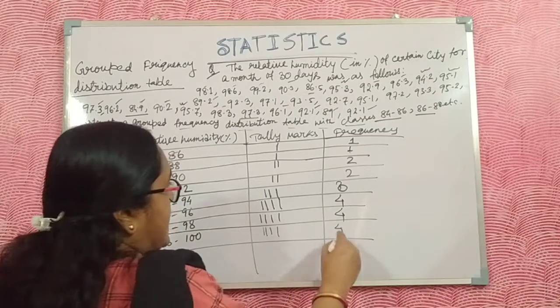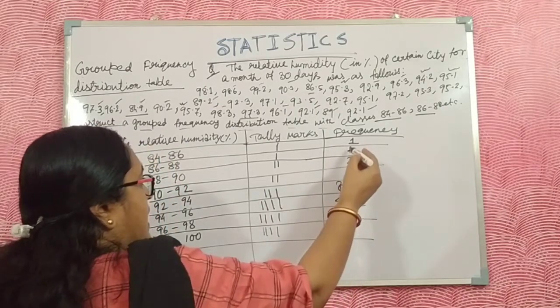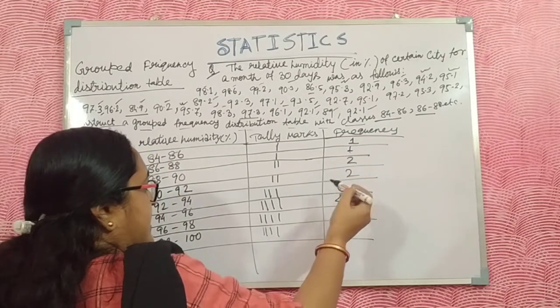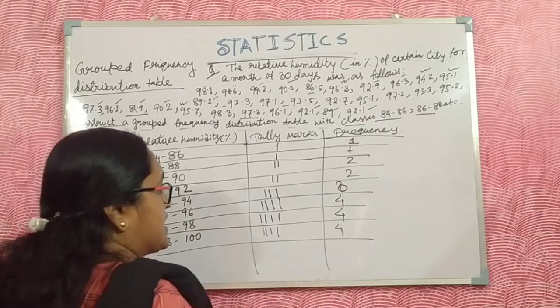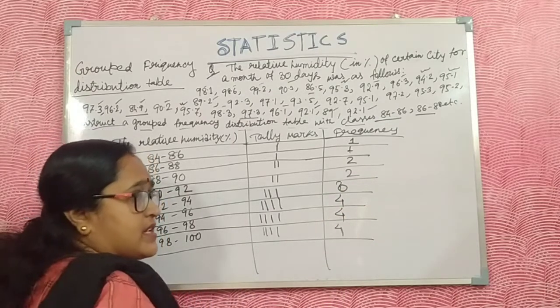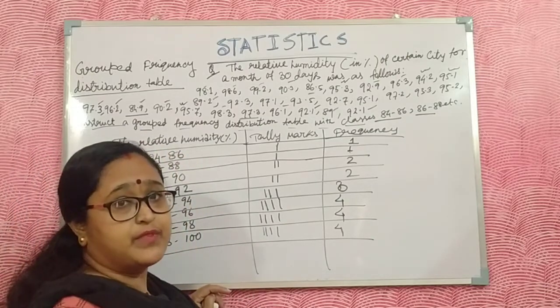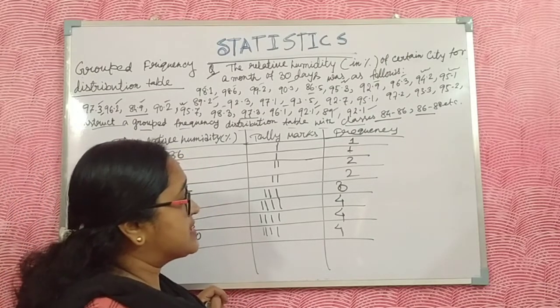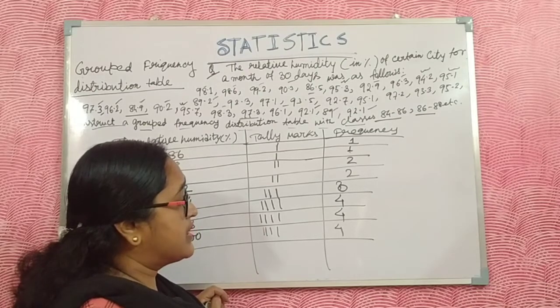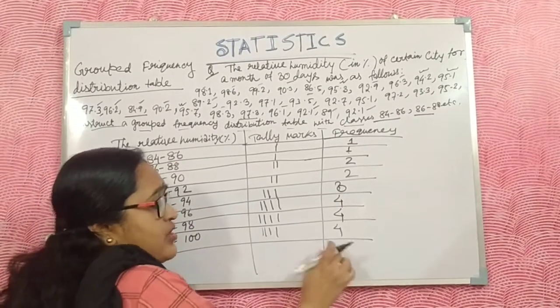And then you just add 1, 2, 3, 4, 5, 6, 7, 8, 9. 9 plus 4, 13. 13 plus 4, 17 plus 4 is, if I do the addition, this is not 30.